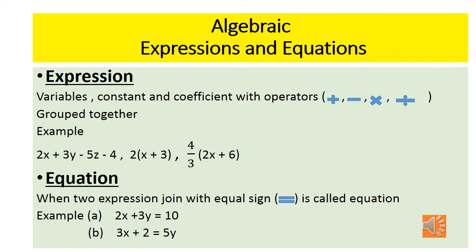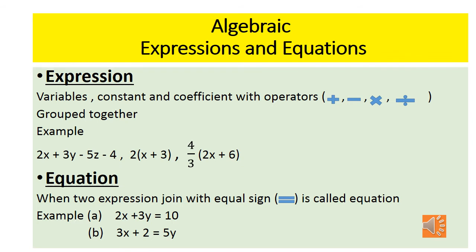Now, what is an equation? When two expressions are joined together with an equal sign, it is called an equation. Here the examples: 2x plus 3y equals 10, and 3x plus 2 equals 5y.